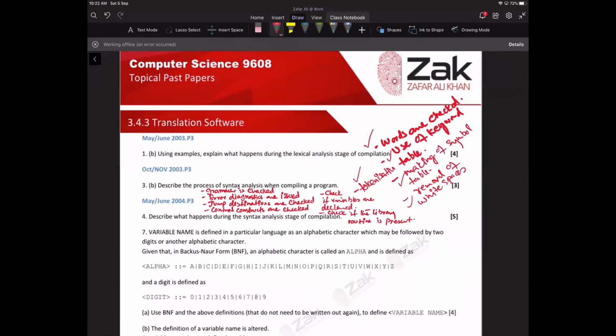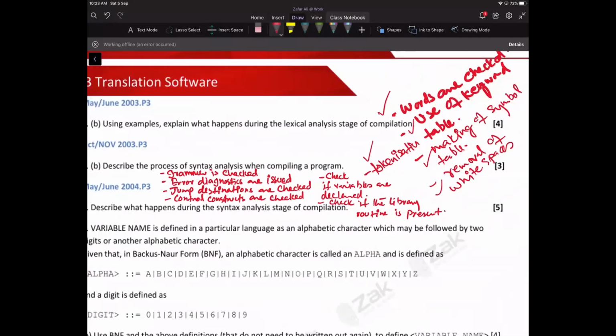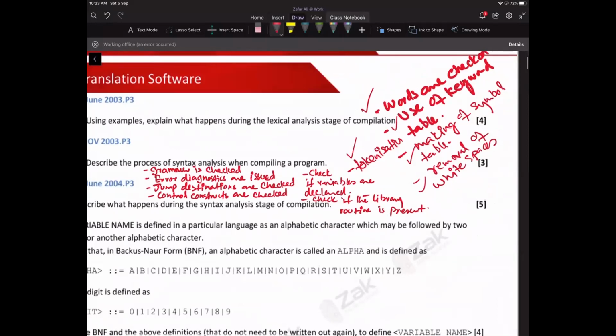At lexical analysis stage, we check words, we make use of keyword tables, we create simple tables, and all the words are being tokenized, all right? And at the compilation stage, grammar is checked, error diagnostics are issued.